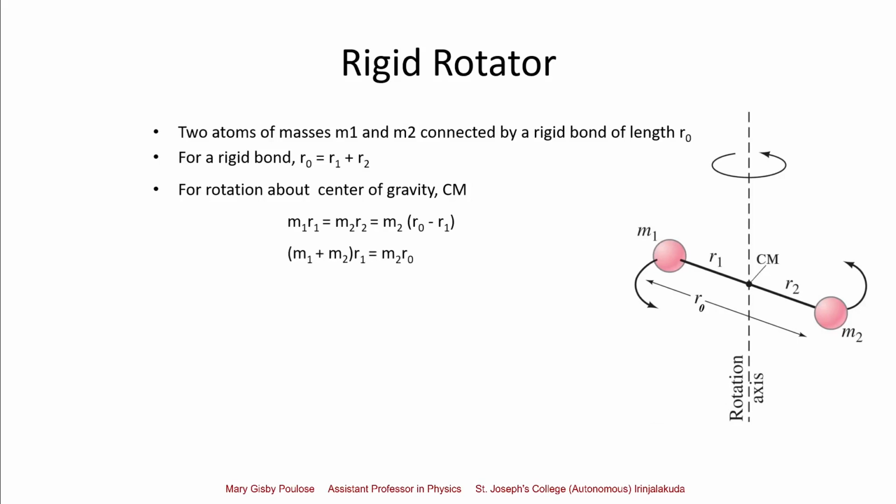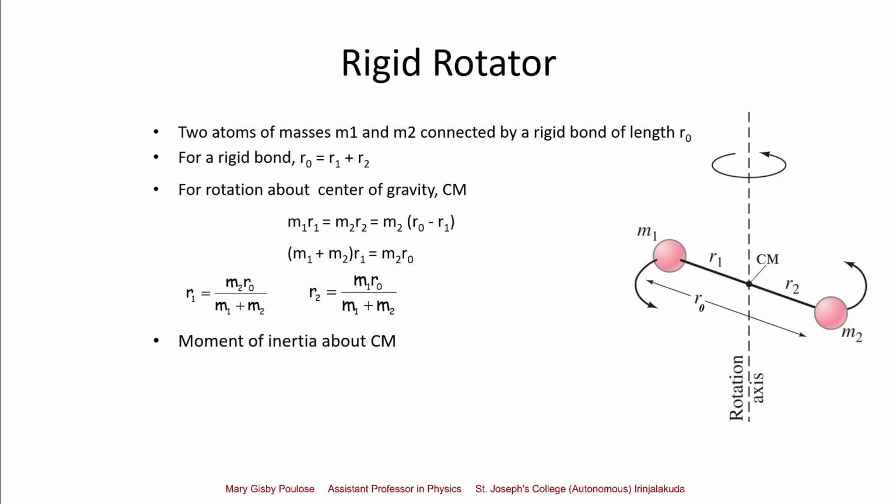That is, (m1 plus m2) into r1 is equal to m2r0. Now rearranging this equation, we can write r1 is equal to m2r0 divided by (m1 plus m2). And substituting for r1 in the earlier equation, we get r2 is equal to m1r0 divided by (m1 plus m2).